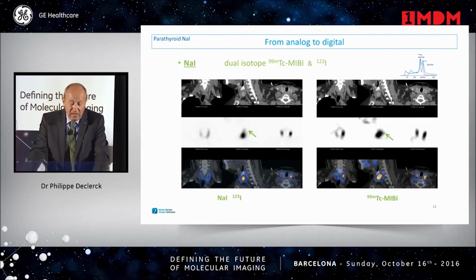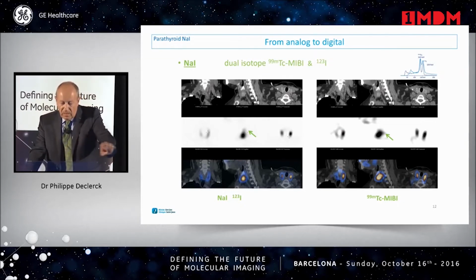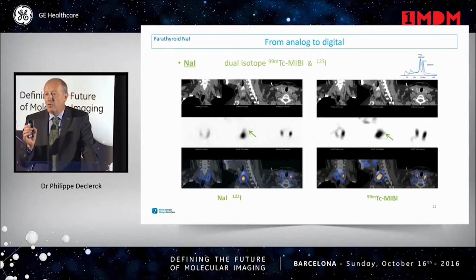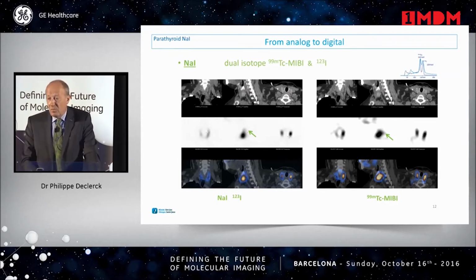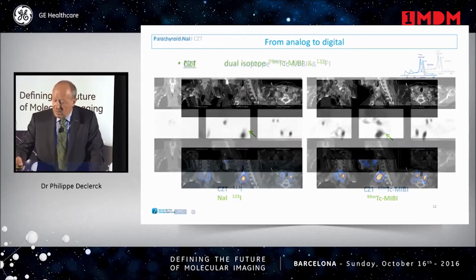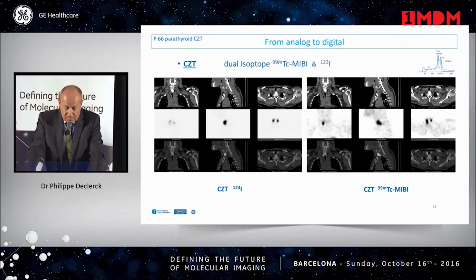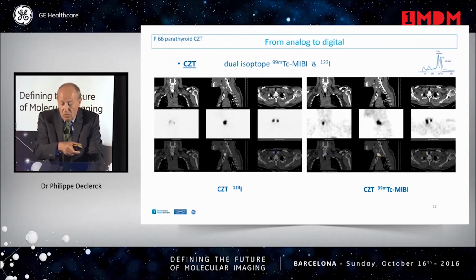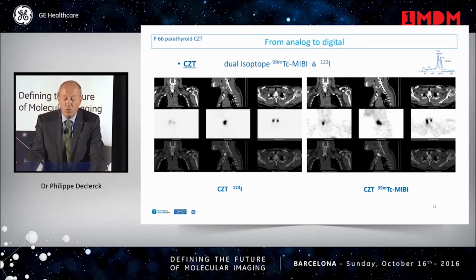And what you see on the left hand, if you take the middle row, the SPECT images with the green arrow, in fact it is the window for iodine-123, but you have noise from the technetium signal. So the image is not that sharp. Sometimes it can be confusing. Let's switch to the digital detector, where you have sharp energy and you don't have any contamination in your iodine window from the technetium because of the energy resolution that is better.